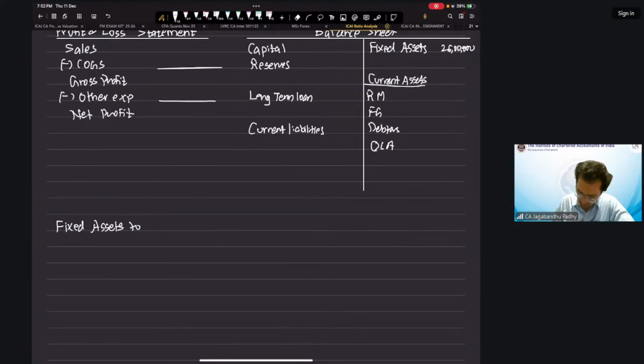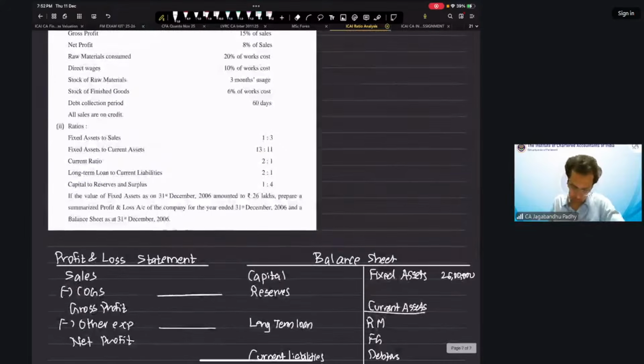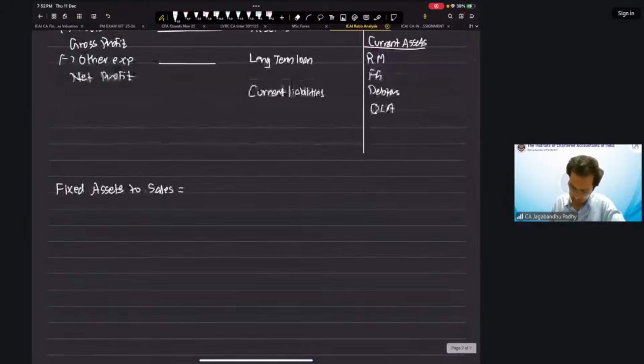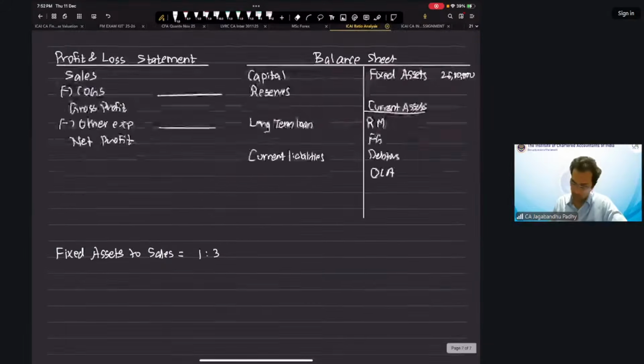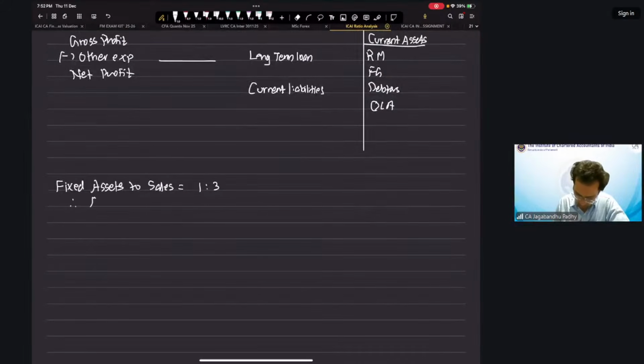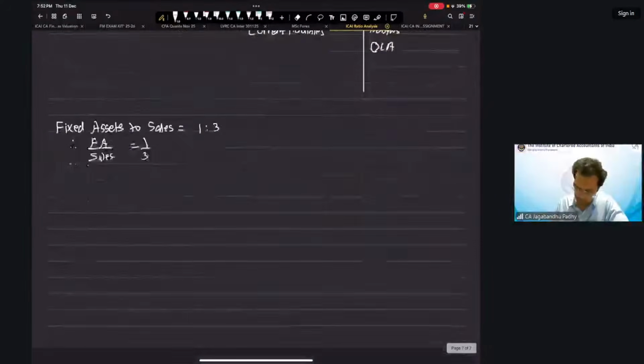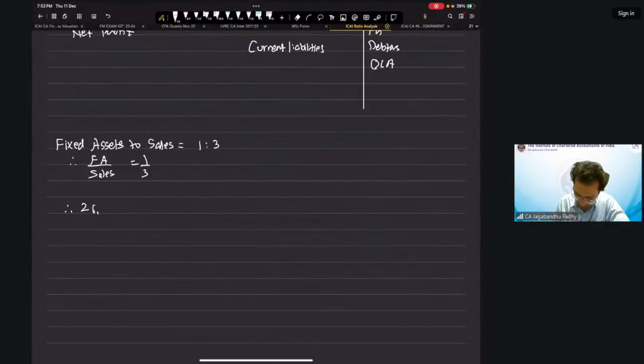Fixed asset to sales is 1 is to 3, so fixed asset upon sales is 1 by 3. Fixed asset is 26 lakh, so 26 lakh divided by sales is 1 by 3.